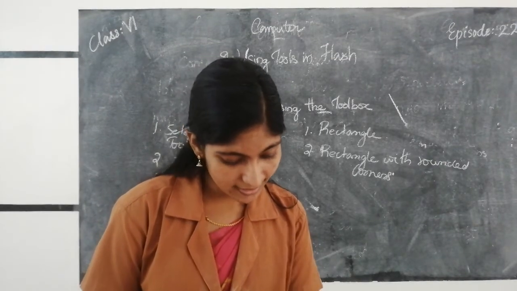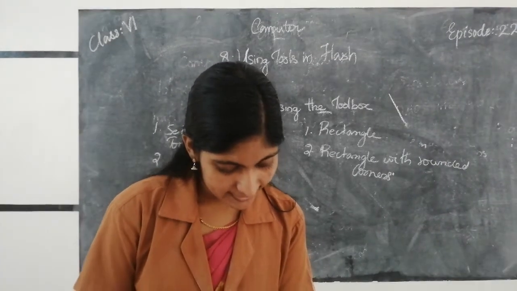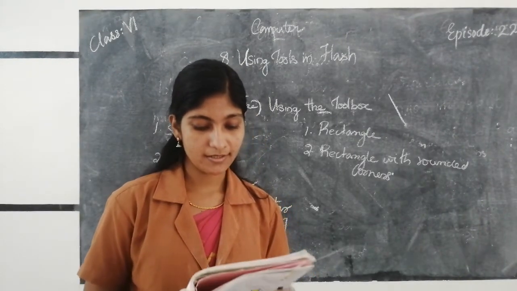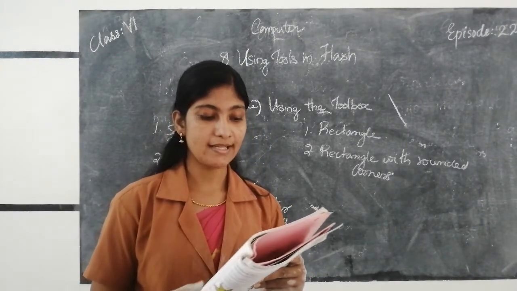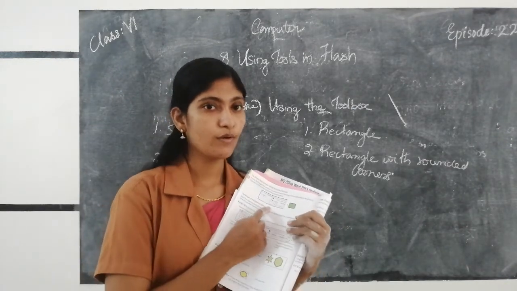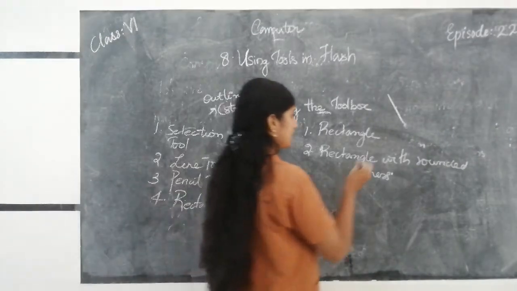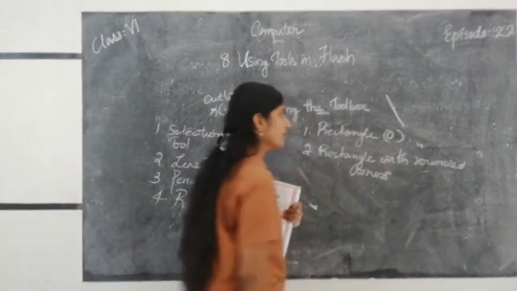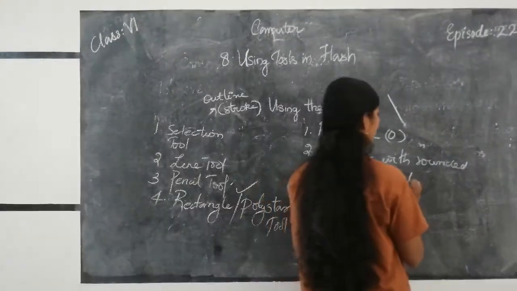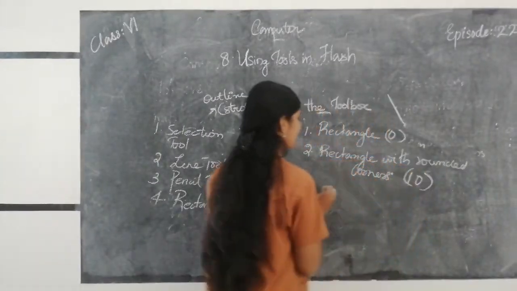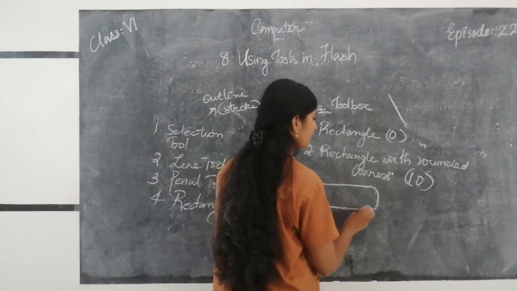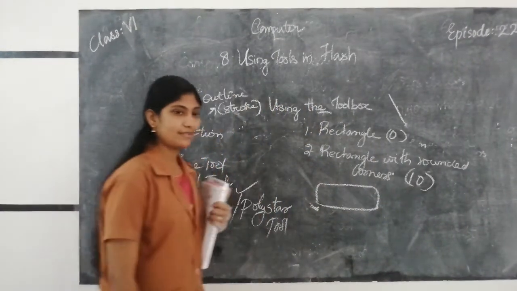In the inspector, you can see an option named stroke hinting, scale, etc. You can select 0 for a rectangle and put any radius for rounded corners. For example, if you type 10, you get a rounded rectangle of 10 radius.